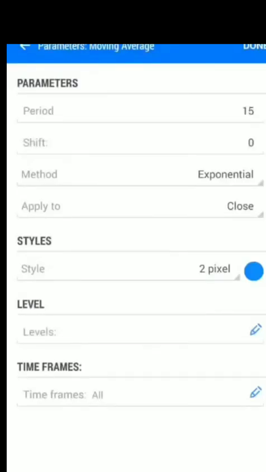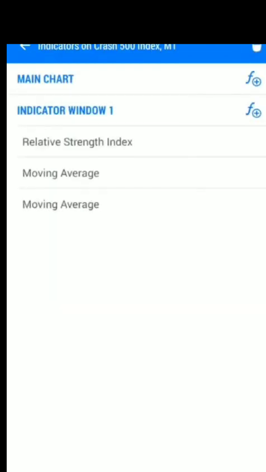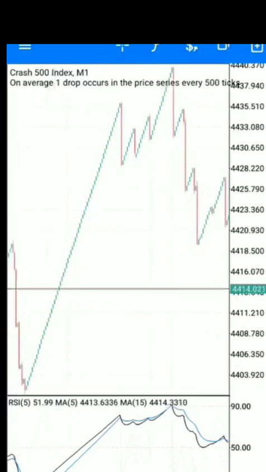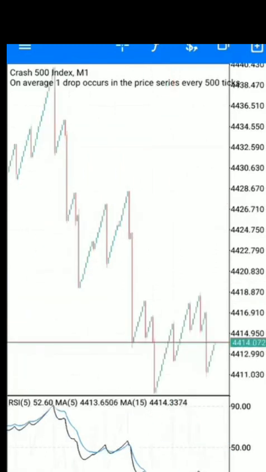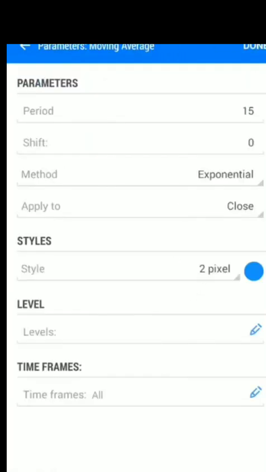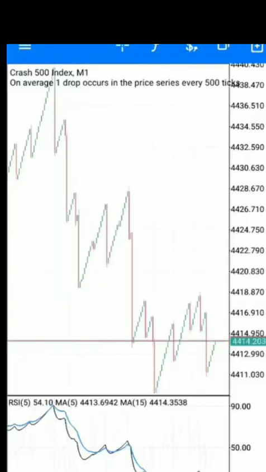Let's use blue. That's all the indicators we need. Then we'll click done, go back, and your moving average is on your screen. Beautiful. Now let's change this moving average, the blue one, to 3 pixel. Go back, done.